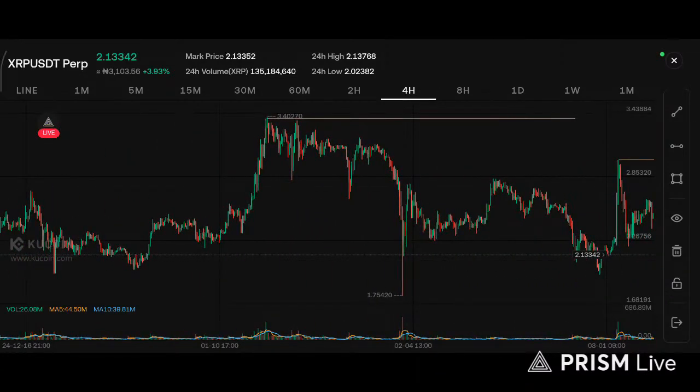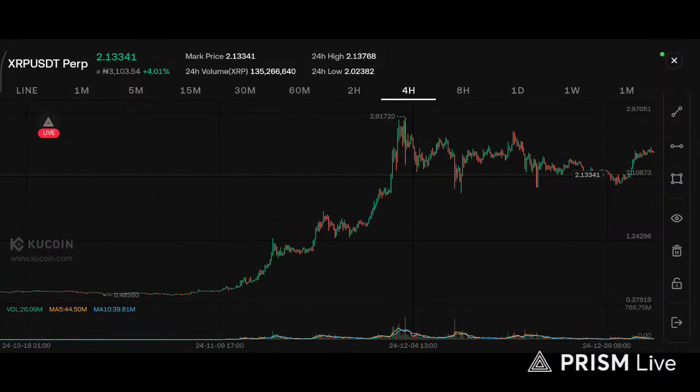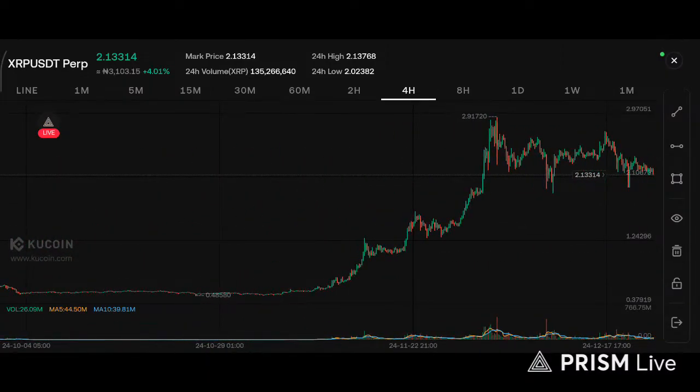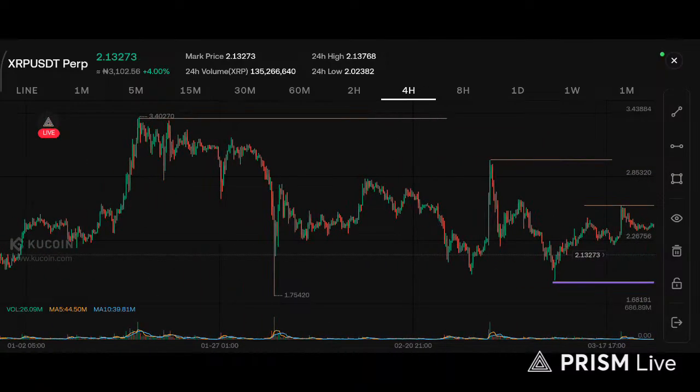If you can see this chart right now, this is a liquidity sitting, right? This line here is a liquidity sitting. I hope you are getting me.